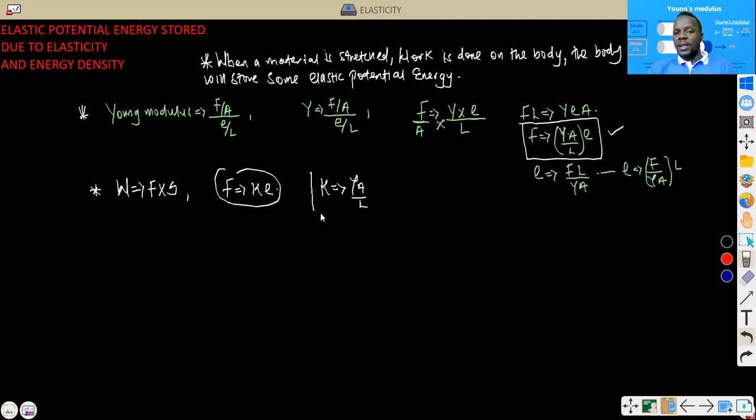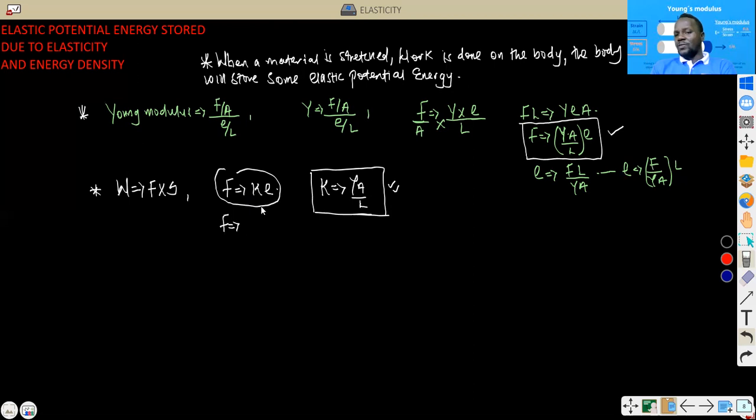So if anybody asks you to calculate the force constant of a wire that has been stretched, do you understand? The formula for the force constant of a wire that has been stretched is given directly as this in numericals. It's very important. That means a wire is also behaving like a spring.